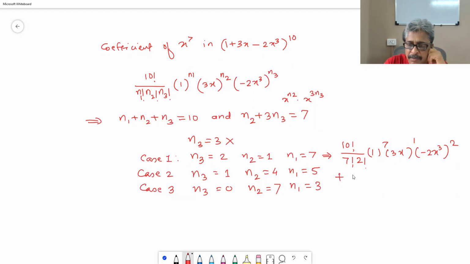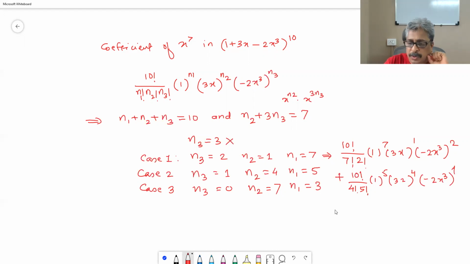Plus you will get a couple of more terms. 10 factorial upon 1 factorial, 4 factorial, 5 factorial, 1 raised to 5, 3x raised to 4, minus 2x cube raised to 1. Mind well, this term is going to be negative because this is minus 2 raised to 1.